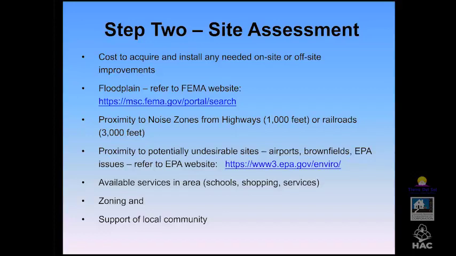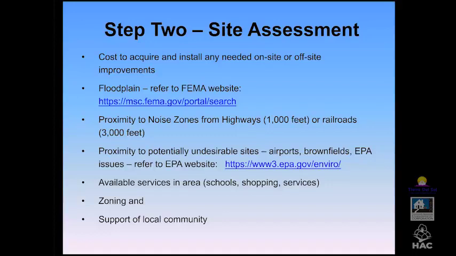I'm going to talk about the meat of the application here and what you have to do to get prepared to submit the initial submittal. So after you've got your market study, and it shows that there is in fact a need, hopefully you've got your eyes on a site, because in your market study you have to identify the site. But we want to find a site that will meet the federal requirements for clearance.